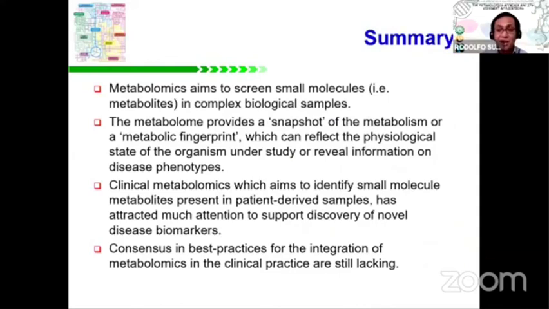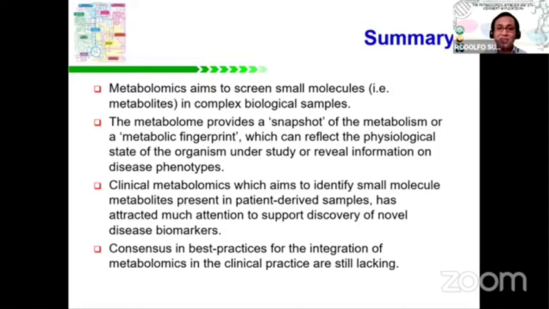So this is the summary of my presentation. Let me reiterate that metabolomics' main goal is to screen small molecules that we call metabolites in complex biological samples or biological fluids. It provides a snapshot of the metabolism. This is also called the biochemical fingerprint of an organism.